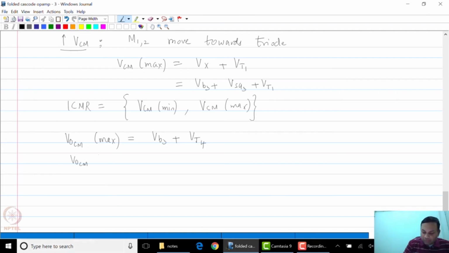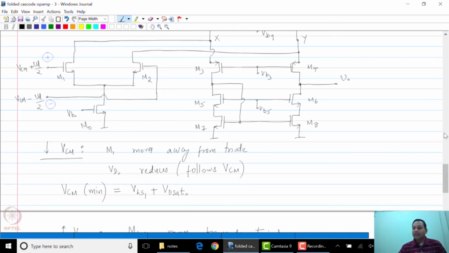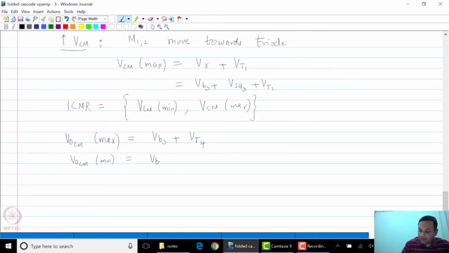This is the maximum voltage that the drain of the PMOS can achieve. VOCM min similarly is determined when the NMOS transistor M6 hits the edge of triode region. Gate of M6 is held constant at VB5, but the drain is swinging lower. It can swing one VT below the gate. So the minimum value is VB5 minus VT6.